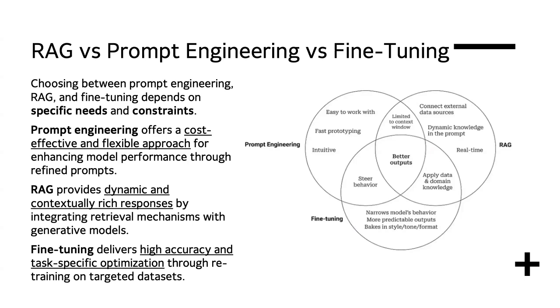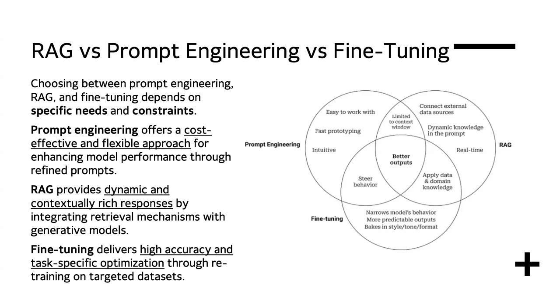RAG provides dynamic and contextually rich responses by integrating retrieval mechanisms with generative models. Fine-tuning delivers high accuracy and task-specific optimization through retraining on targeted datasets. So fine-tuning can have better accuracy because they are trained with a specific relevant dataset again.